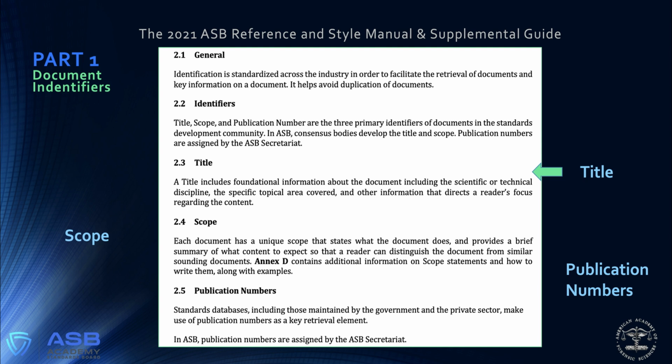It's important that the title and scope accurately portray the content of the document. When an ASB document is downloaded and opened, we all want the user to not be surprised.